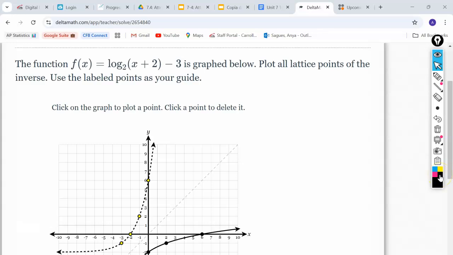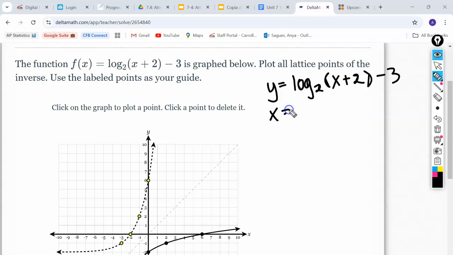So first things first, I'm going to rewrite it as y equals. So what I want to do here is make it x equals. I want to switch the x and the y. That's always going to be my first step.